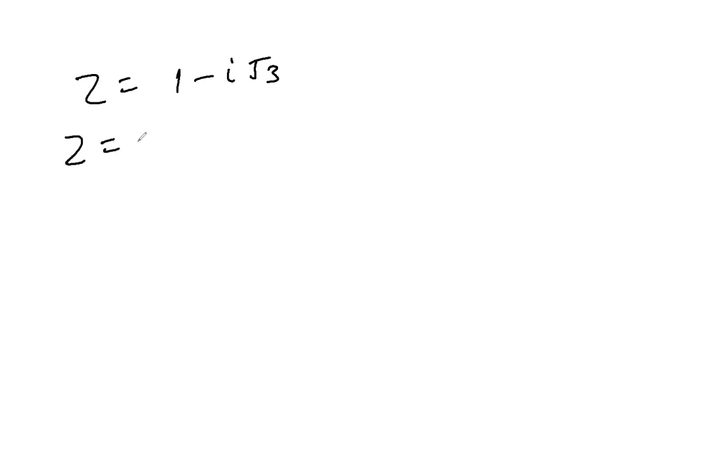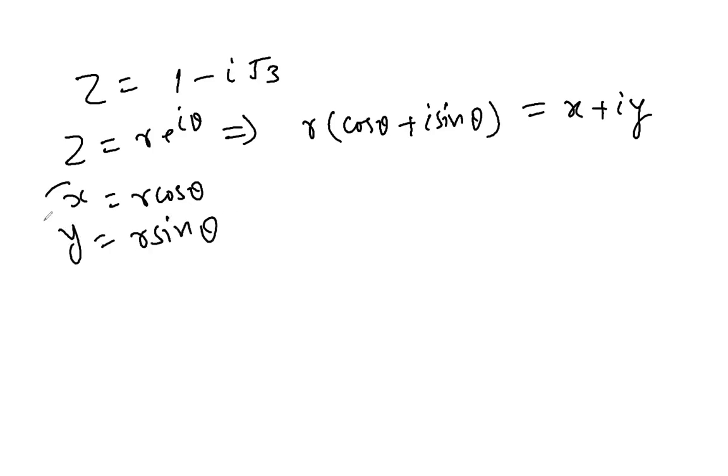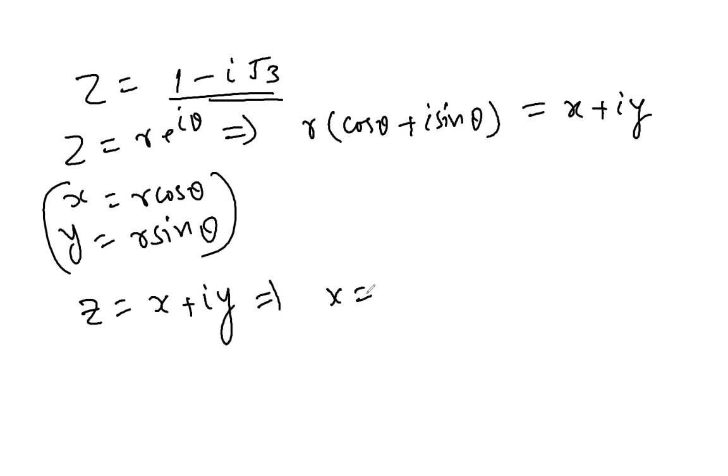We know the complex number can be written as r cos theta plus iota sine theta, which is equal to x plus iota y, where x equals r cos theta and y equals r sine theta. By comparing these two, z is simply x plus iota y. Now x here is 1, and y is equal to minus root 3.